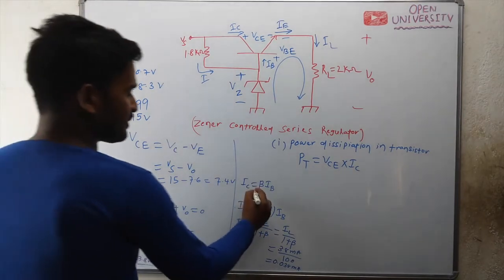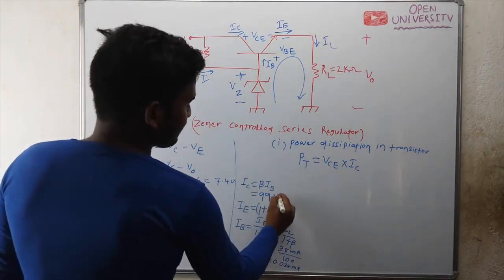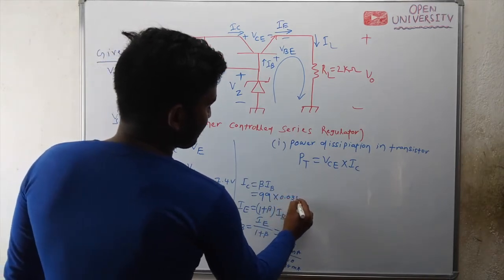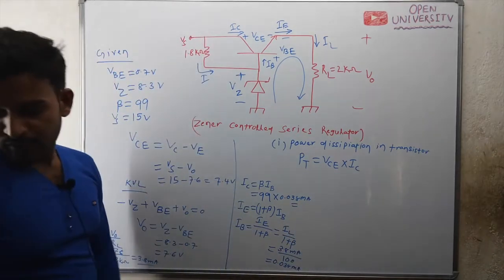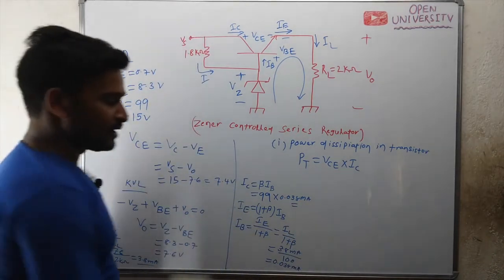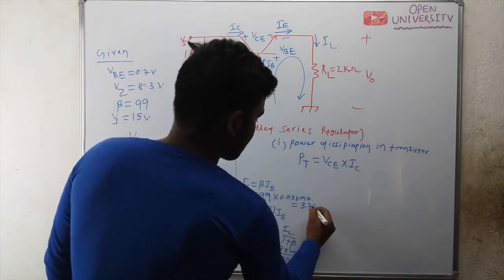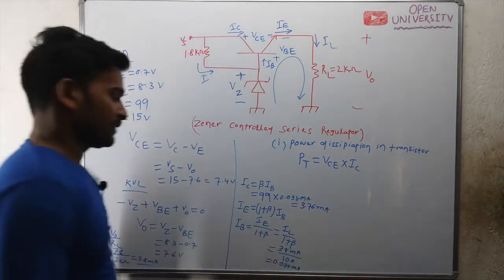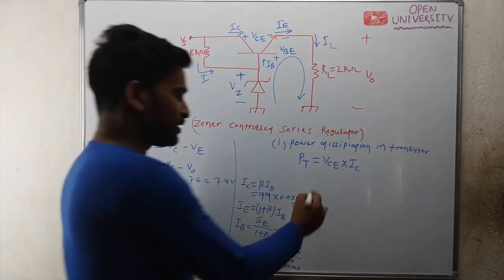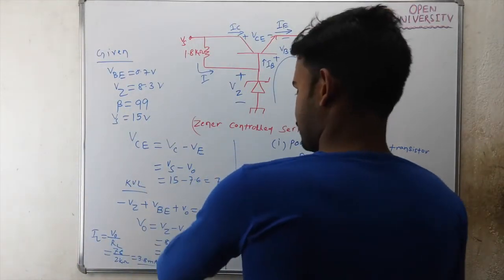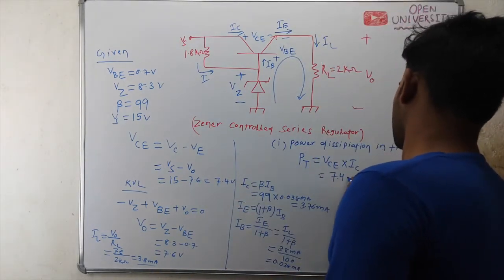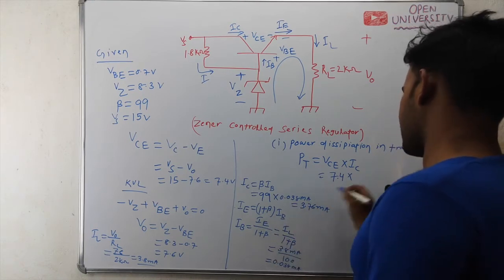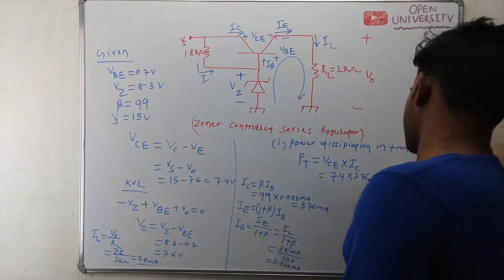So what will be the IC value? 99 into 0.038 milliampere. IC will be 3.76 milliampere. If you substitute here, VC was 7.4 volt into IC value 3.76 milliampere.